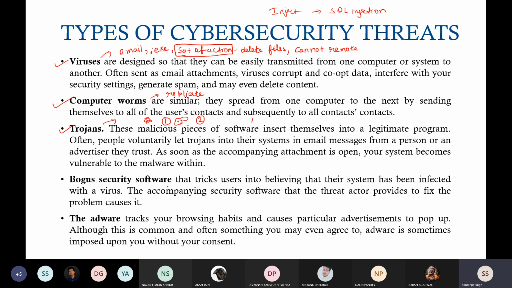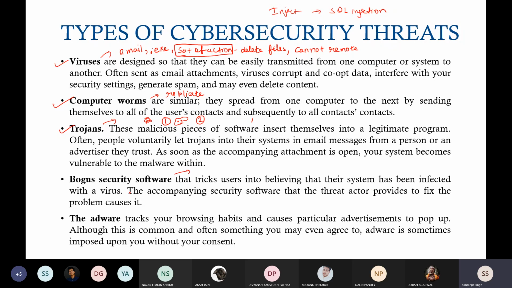Bogus software security update is another example, like what you have seen in the ATM part. There will be no real security update, but if you are installing it from a third party, some things may be added in the software update so that it can steal the data from your system. That tricks users into believing that the system has been infected with a virus.